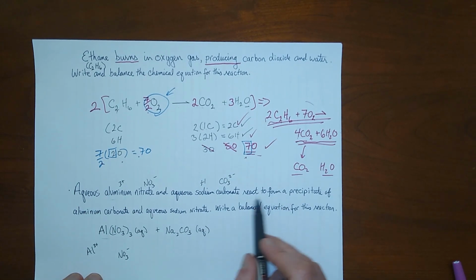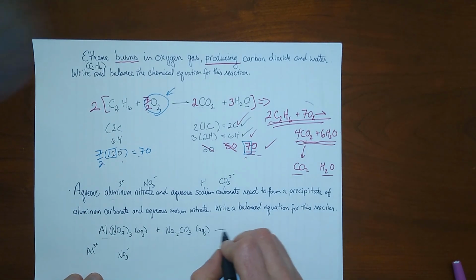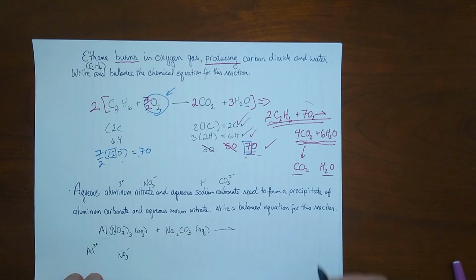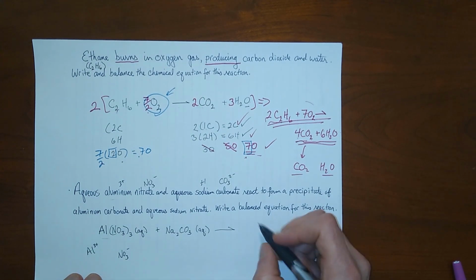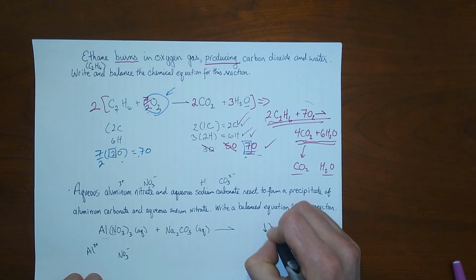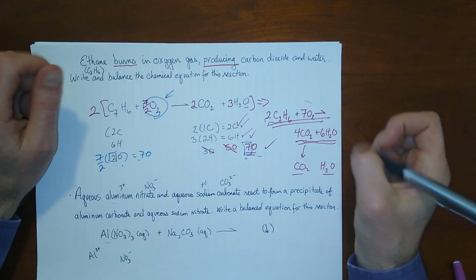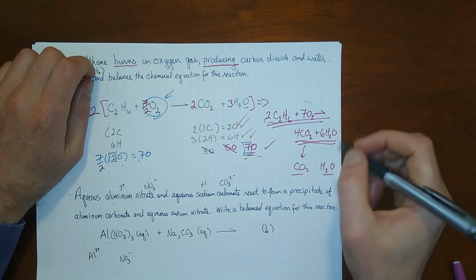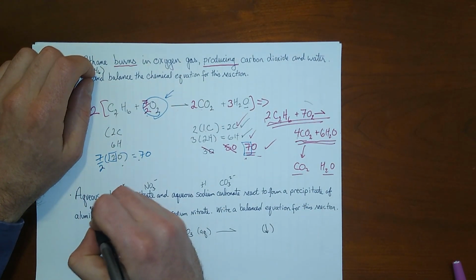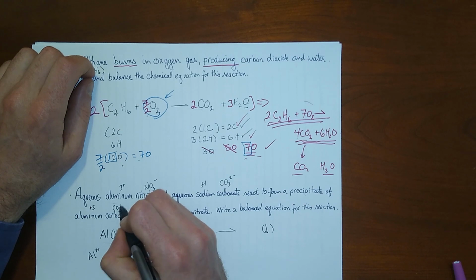They react to form, so now we're talking about the products, a precipitate of aluminum carbonate. That means the aluminum carbonate is going to be a solid, and it's going to fall out of solution after this reaction occurs. Okay, it's going to rain down as little particles of aluminum carbonate or aluminum carbonate snowflakes. How cute, right? Aluminum again is +3, carbonate is -2.